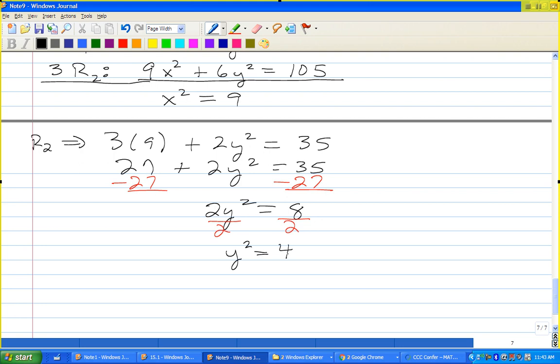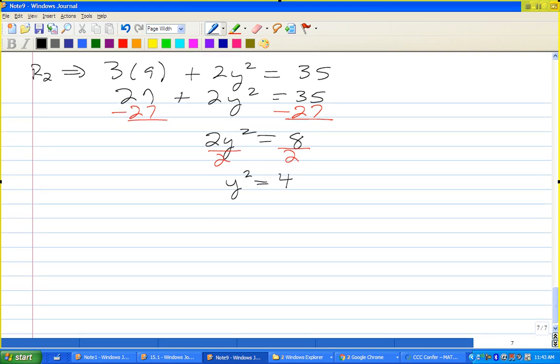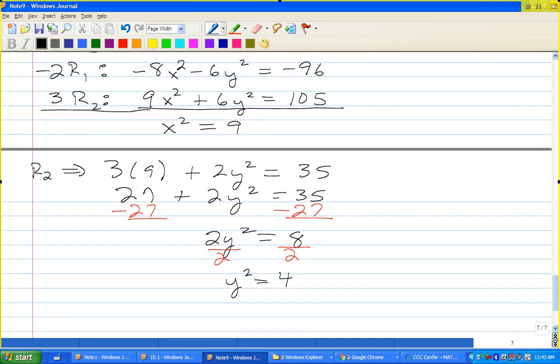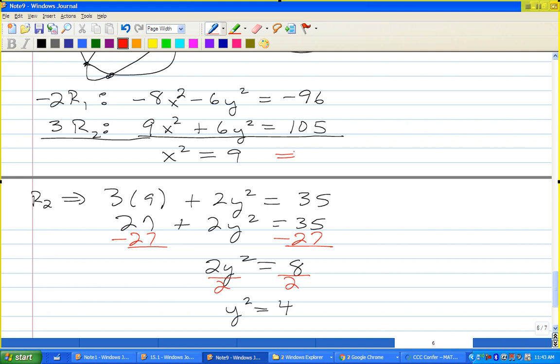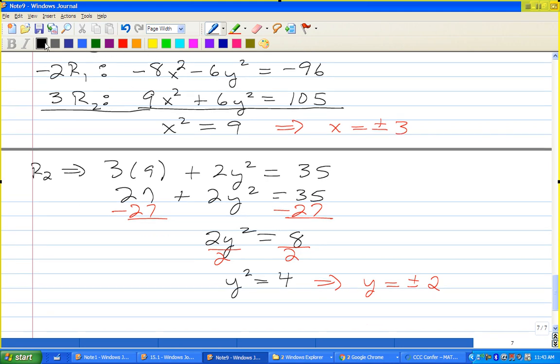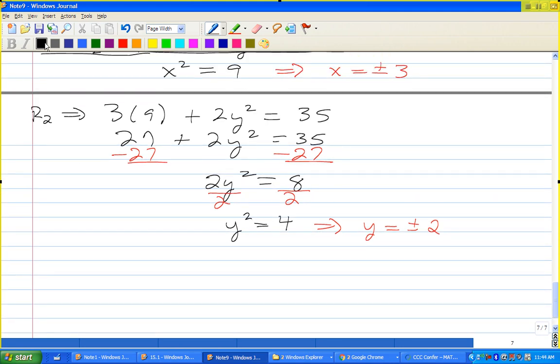So now let's list all of our solutions. From here, I get x is equal to plus or minus the square root of 9, which is 3. From here, I get y is equal to plus or minus the square root of 4, which is 2. And so, when x is negative 3, y could equal negative 2 or positive 2.